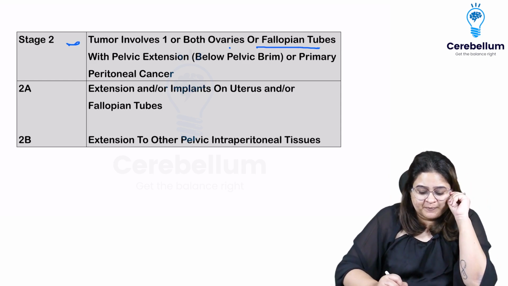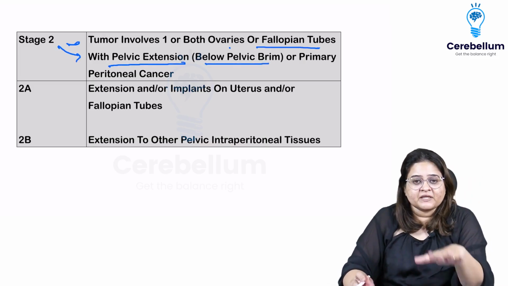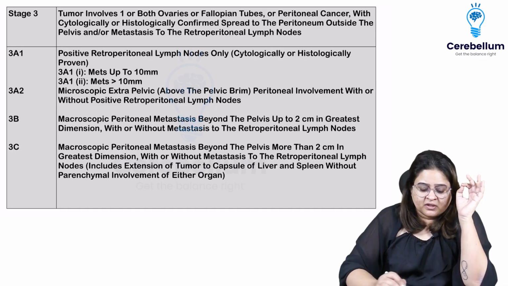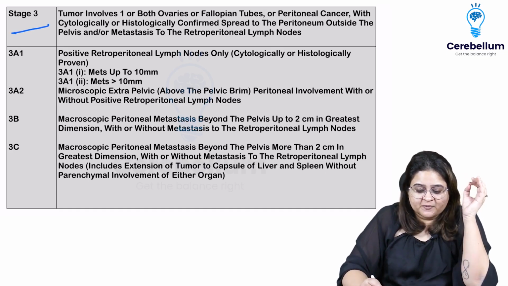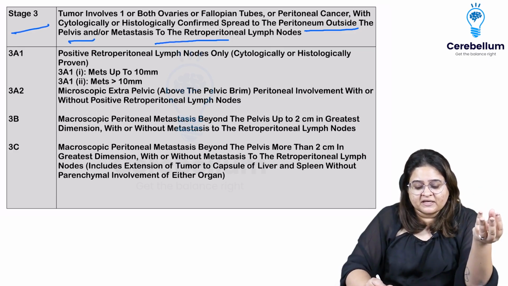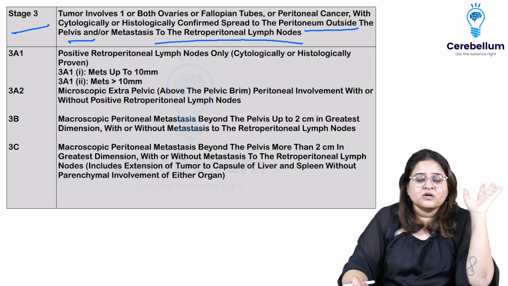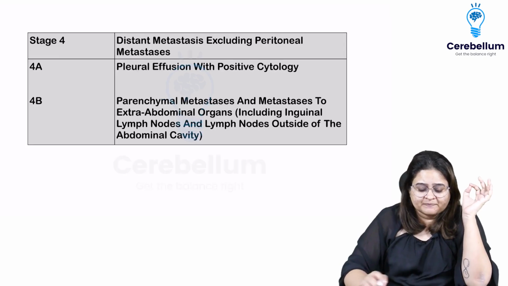So, with pelvic extension it becomes stage 2, and this is below the pelvic brim. Stage 3 is when it has spread to the peritoneum outside the pelvis, or it has metastasized to the retroperitoneal lymph nodes. So, outside the pelvis, peritoneal metastasis, or the lymph nodes, it is stage 3.